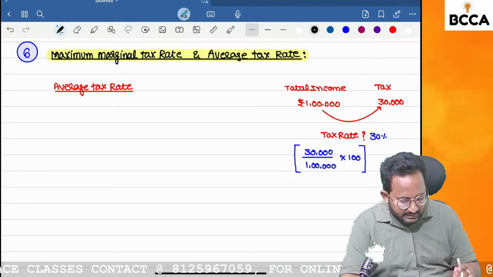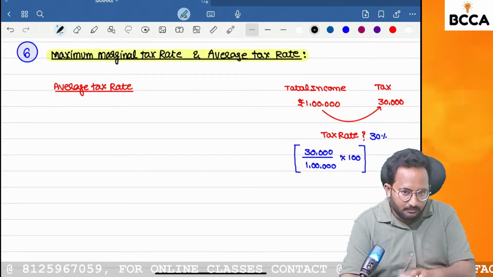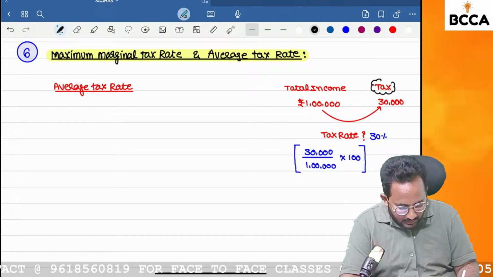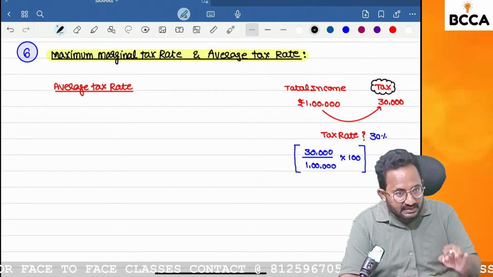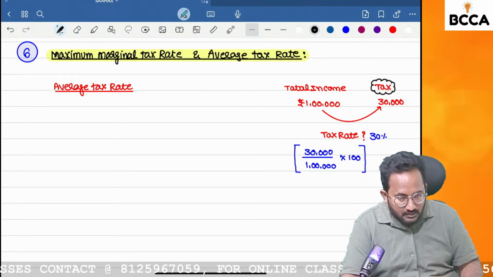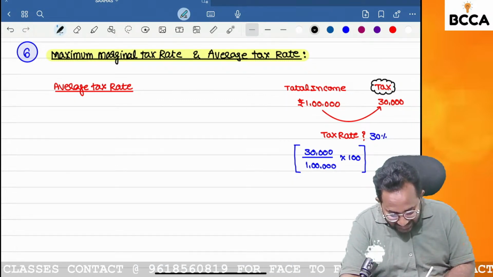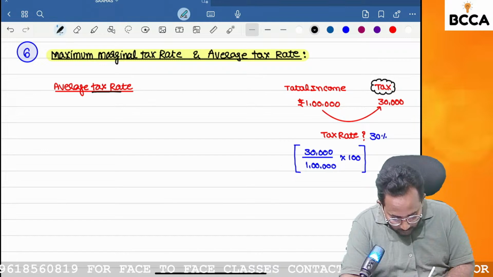Normally we can calculate simply, but tax here means income tax, surcharge, and health and education cess. Altogether we collected the 30,000. So what is the tax rate imposed on the total income?